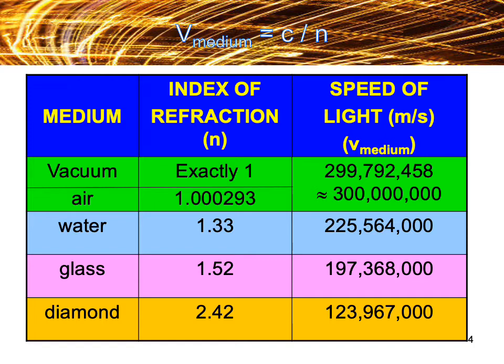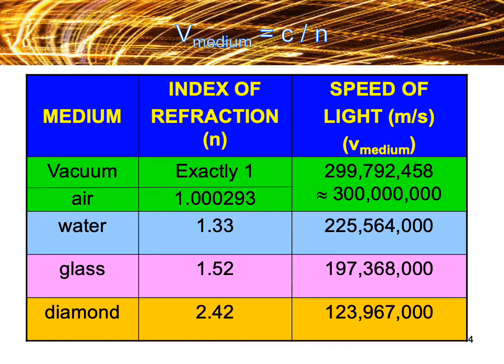Air is very close to the vacuum because it's a very sparse material, right? Compared to water or glass, denser material has higher index of refraction, as you can see.